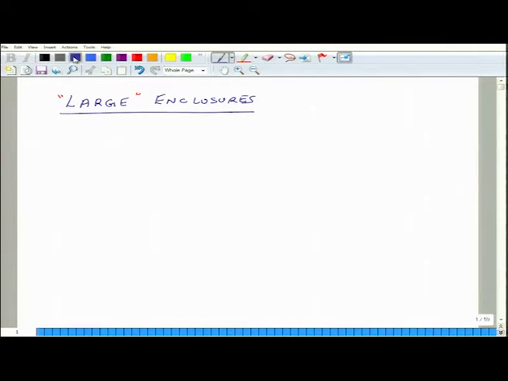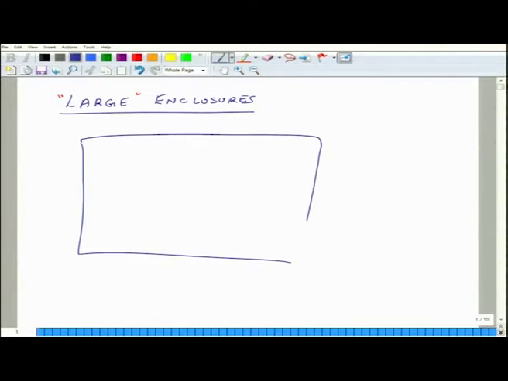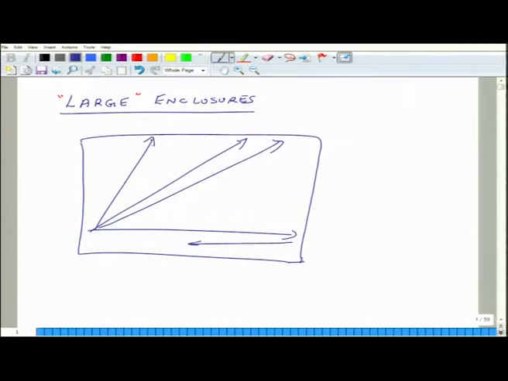The answer to that is that if the size of the enclosure is large enough, so let us say this is the internal size of the enclosure, and as sound moves from here it gets reflected, and then it may also be going in all directions and it may be getting reflected, and depending on the wavelength of it, it could be possible that there may be some resonances happening because of travel of sound waves inside the room.